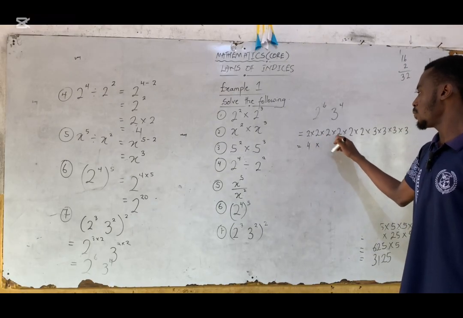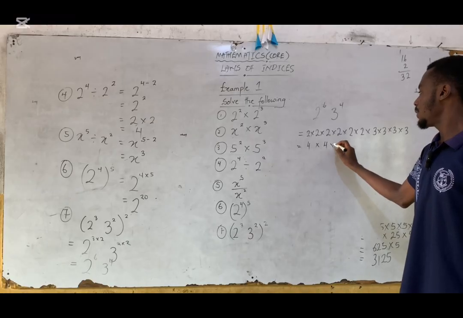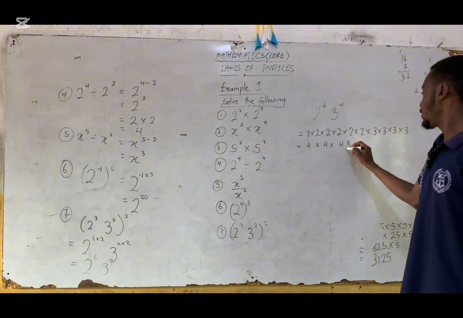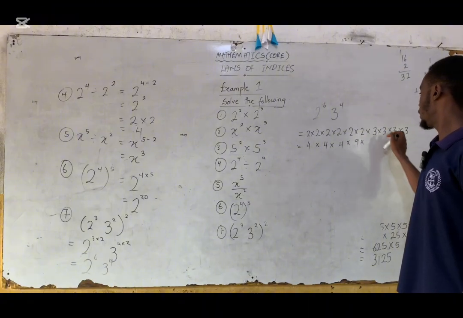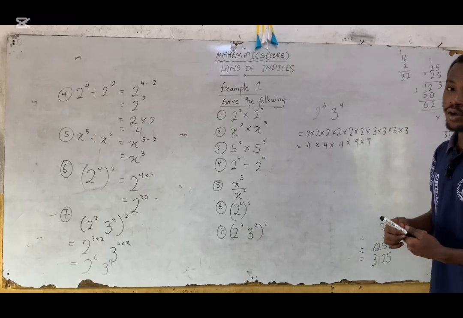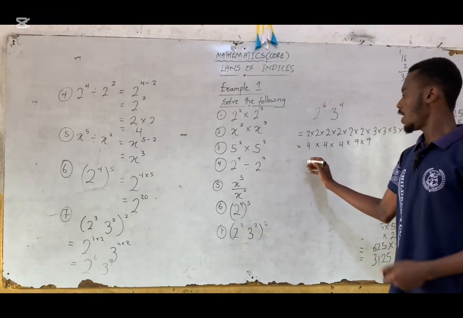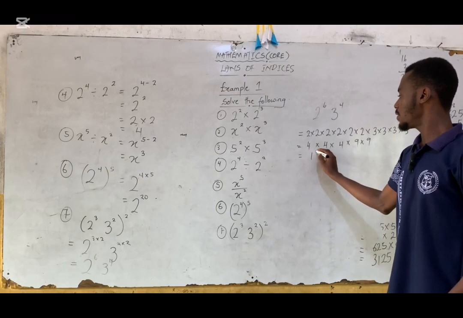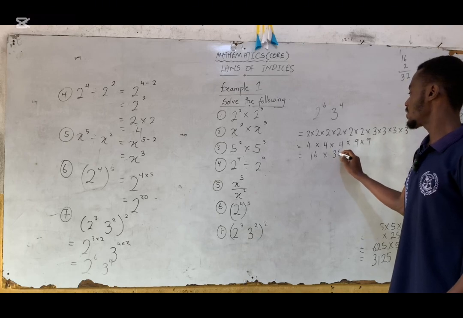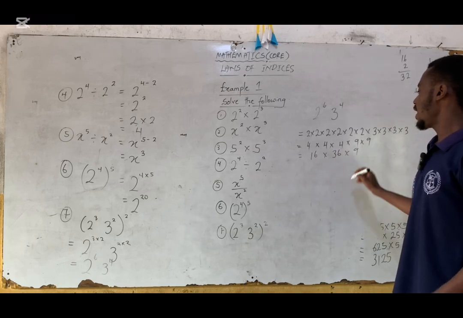Multiplication sign comes. 2 by 2 gives us 4. Multiplication sign comes. 2 by 2 is 4, times 3 by 3 is 9, times 3 by 3 is 9, right? You have to follow the pattern so that you don't get confused, all right? The same approach. 4 by 4 gives us 16, times 4 by 9 gives us 36, times 9, right?